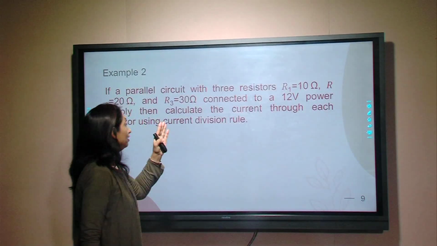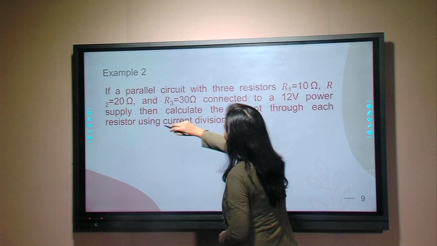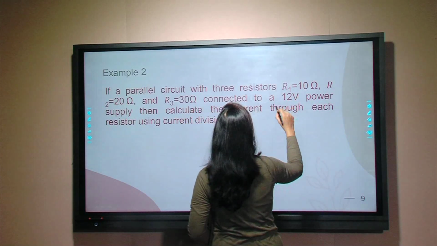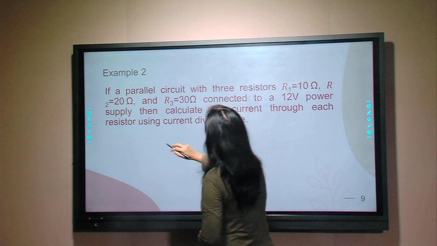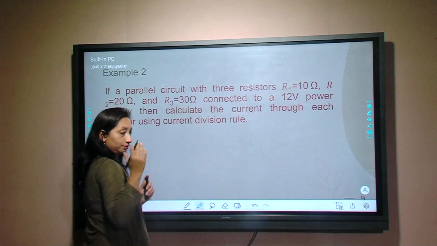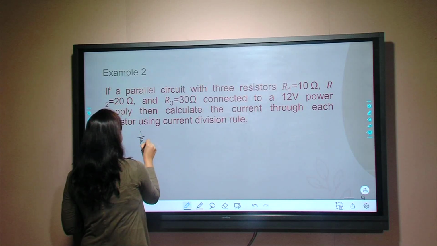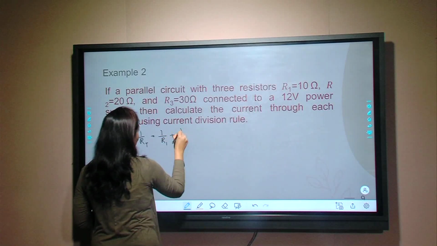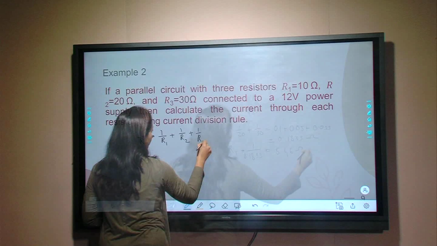Now take a parallel circuit with 3 resistors, where R1, R2 and R3 values are given, connected in parallel to a 12 volt power supply. Calculate the current through each resistor using the current division rule. Let us first calculate the total resistance: 1 by RT equals 1 by R1 plus 1 by R2 plus 1 by R3.